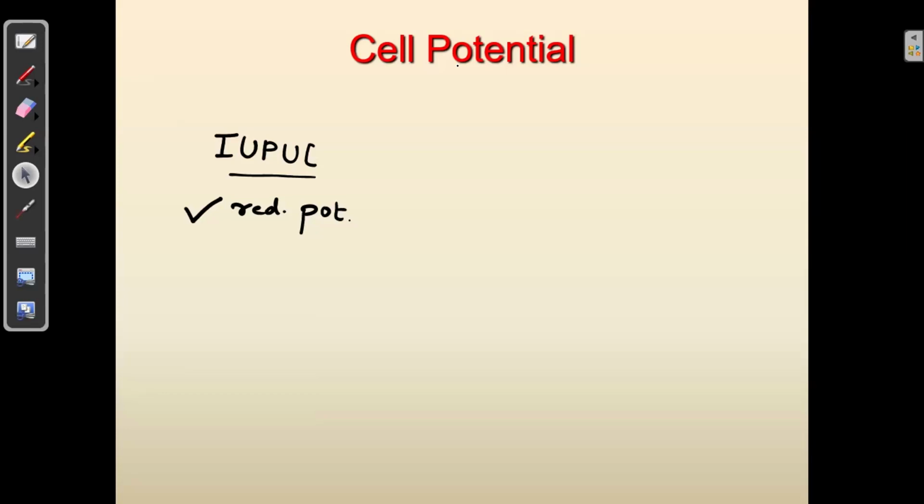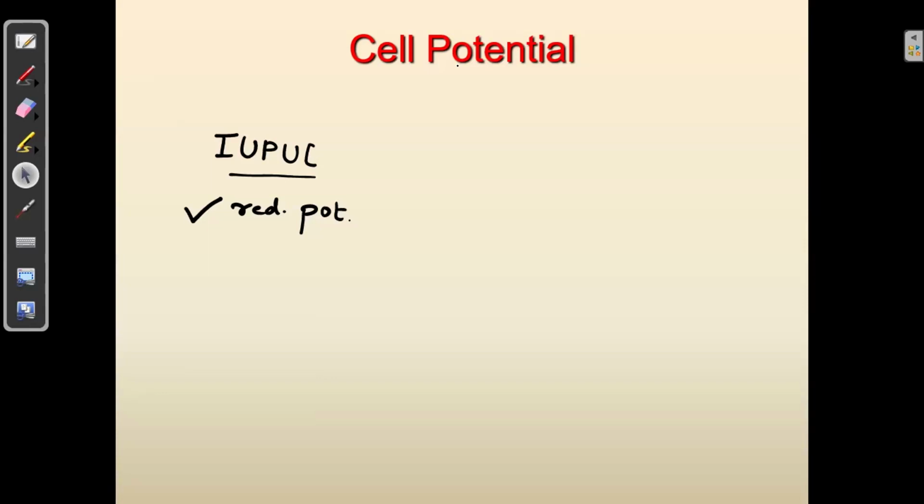So these two concepts together cannot be studied. Both of them have to talk either in terms of loss of electrons or in terms of gain of electrons. IUPAC says that internationally, globally, let us talk in terms of reduction potential.